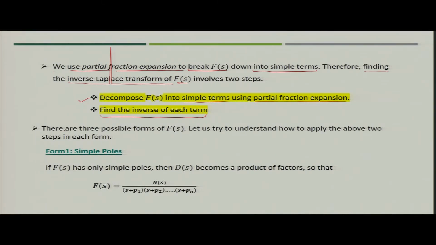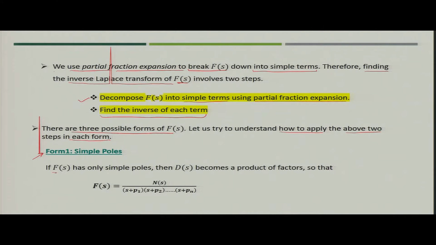Now, there are three possible forms of the Laplace transform. Let us understand how we can apply the above two steps in finding the inverse Laplace transform. The first form is when you have simple poles.